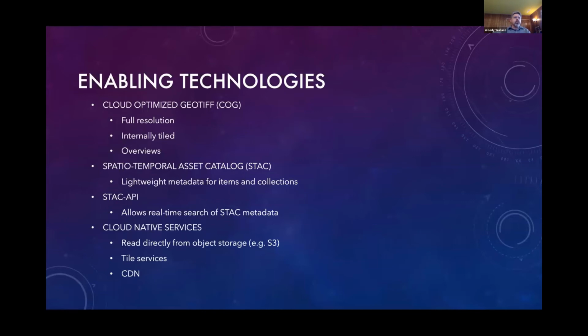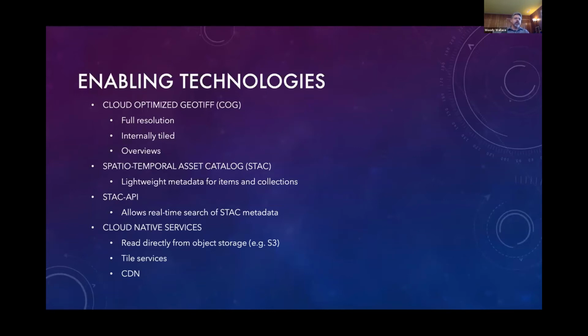So these are cloud optimized GeoTIFFs. Basically it's a way to organize your GeoTIFF so that you can pull out pieces of it directly from the full resolution version. It's internally tiled so that you can find those pieces quickly and easily, and it already contains overviews so that if you're zoomed out, you can also extract those overviews without downloading the whole file.